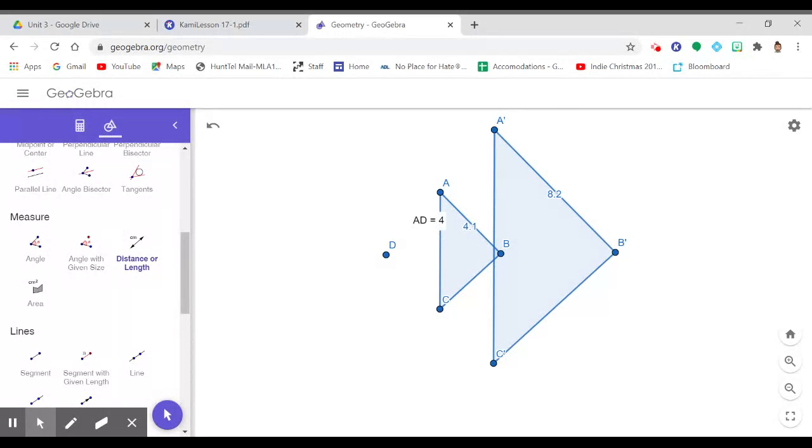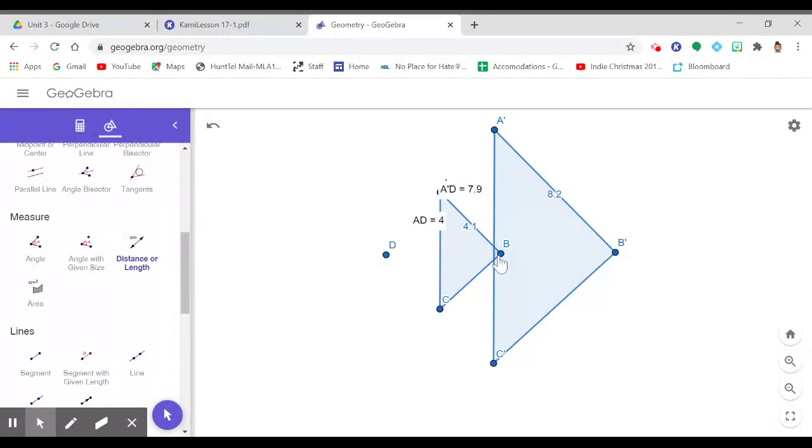So think about what happens to the distance from A prime to D. So if the scale factor is 2, and we know that is changing the length of all of these segments, what's happening to the distance from A to D, from A prime to D? So let's explore that. From A prime to D, can you guess what it should be? Well, 7.9 or 8. So what we're seeing here is not only is the scale factor affecting the size of our shape, but it's also affecting the distance by that same scale factor.